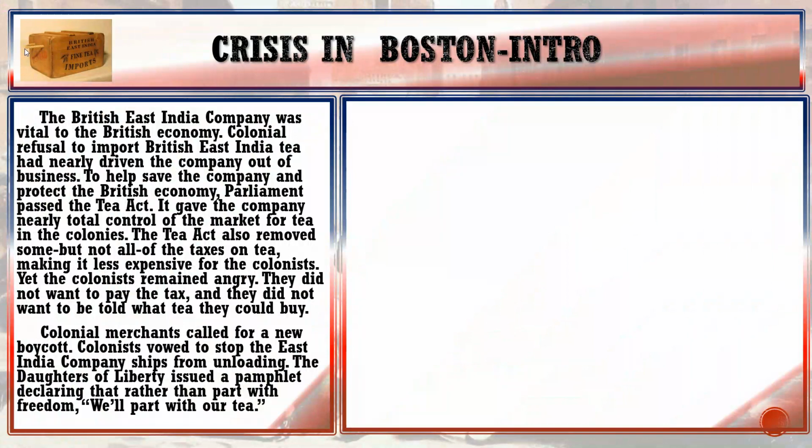They're equally upset when later on these same soldiers are not found guilty of murder. There are some manslaughter charges, but not murder charges. No one is executed for this, and the colonists in Boston are very displeased. So that's what we're picking up with Crisis in Boston.